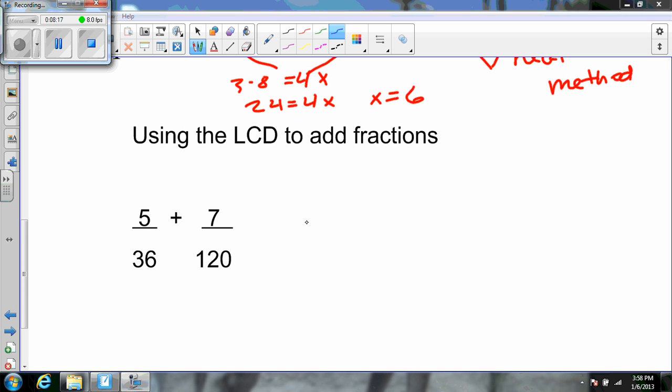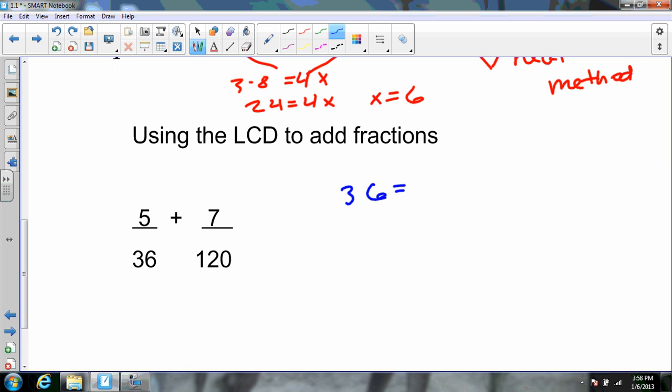It's possible to use LCDs to add fractions, and we're going to break them down into prime factors. So we have 36 on the left fraction, we got 120 on the right. 36 broken down into its prime factors is 2 squared times 3 squared. 120 broken down would be 2 cubed times 3 times 5.